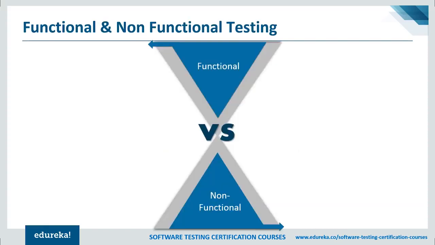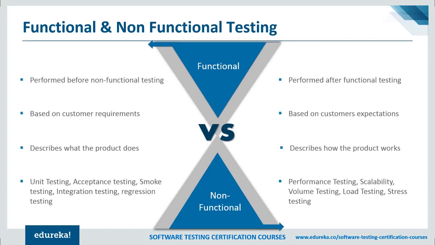Now let's see the difference between functional and non-functional testing. As already listed, functional testing is performed before non-functional testing, and non-functional testing is performed after functional testing. And functional testing is based on customer requirements. On the other hand, non-functional is based on customers' expectations. Functional testing describes what the product does, and non-functional describes how the product works.